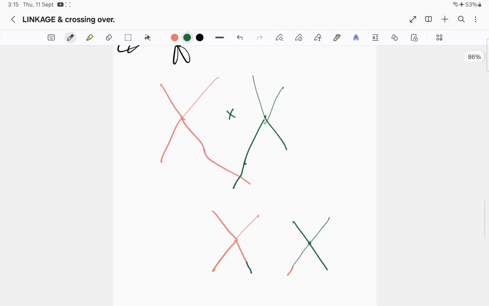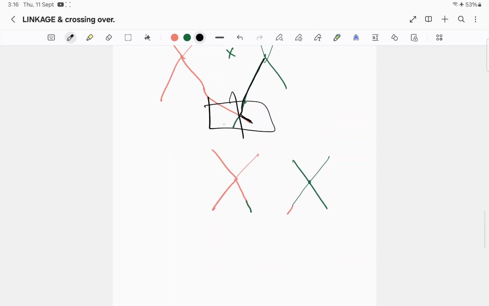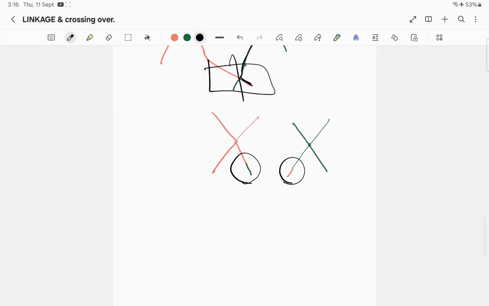This is the same chromosome, extended for your easy explanation. See this part, here chiasma formation has taken place and this part is exchanged. The whole chromosome till here will be cleaved or cut. This simply means the green part of this chromosome is added here, and for this green, the orange part is added here, right?